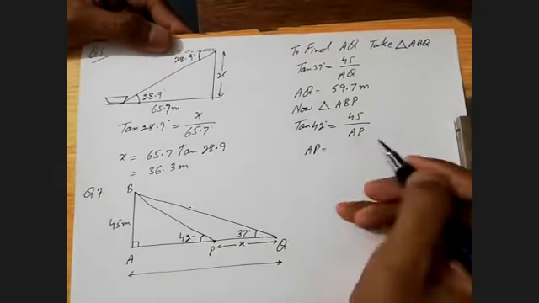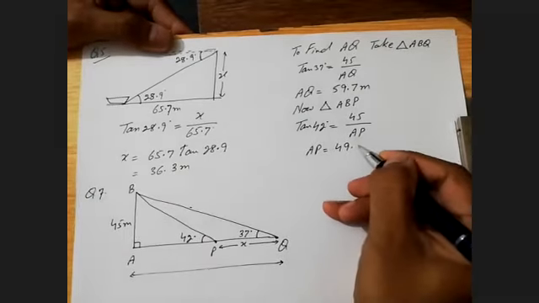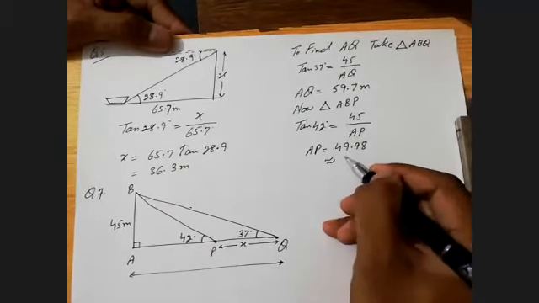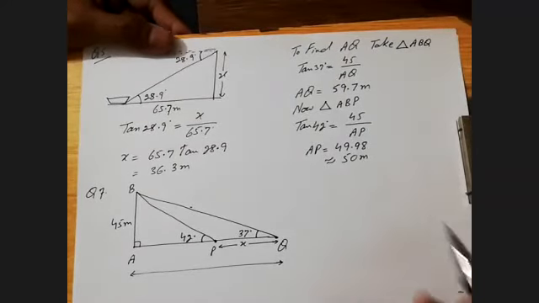Well, AP is equal to, let me check your answers. 49.98. If it is 49.98, why don't we take 50? Students are telling me 49.98, so I am rounding it to 50 meters.